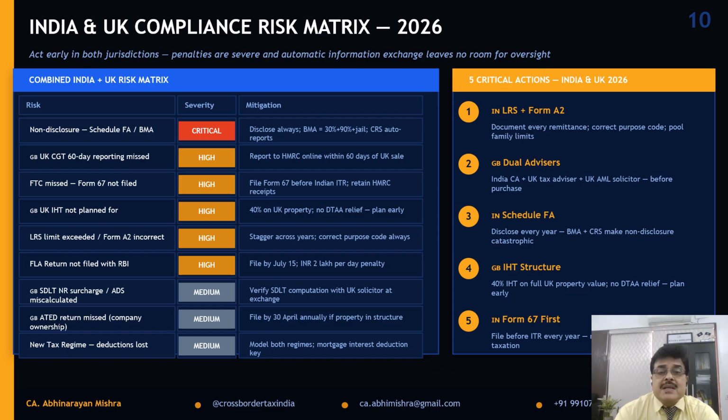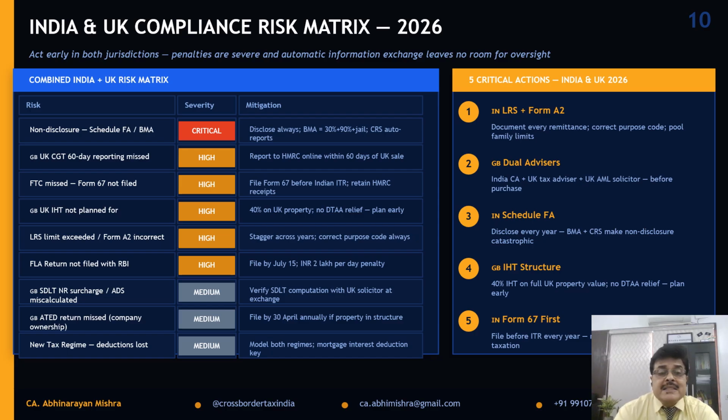So report to HMRC online within 60 days of UK sale. Then file Form 67 before ITR with HMRC receipts. Then UK inheritance tax, if you have not planned, is 40% on UK property, and no DTA relief is there.